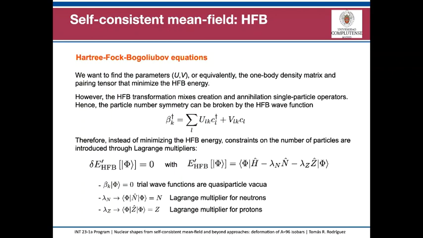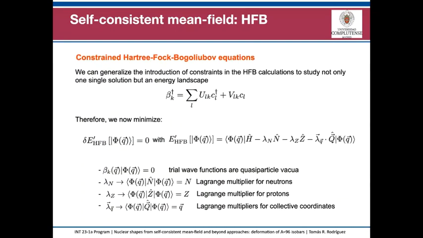Okay, so if this is clear, I hope, then you can also extend this concept of Lagrange multipliers and minimization with constraints to force the system to have certain parameters or certain collective variables.